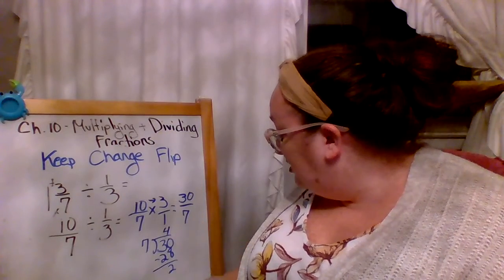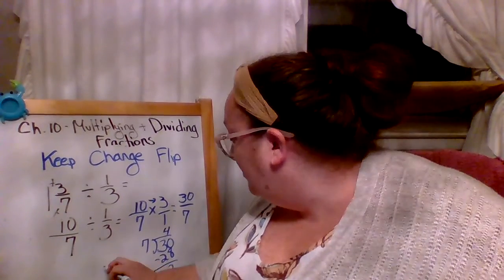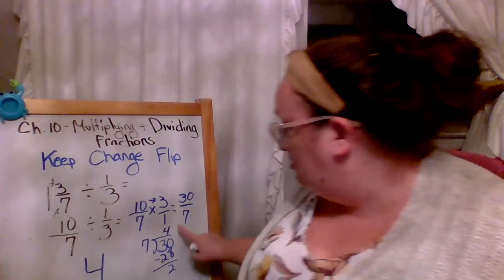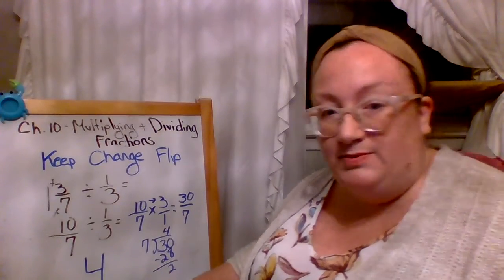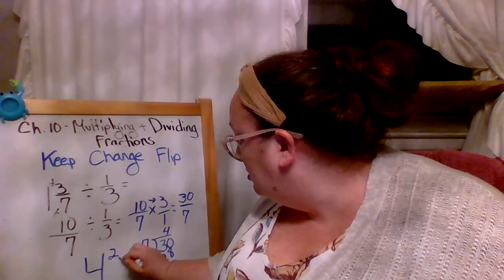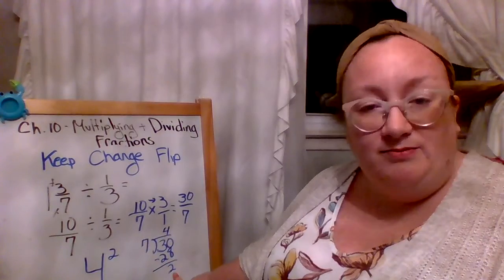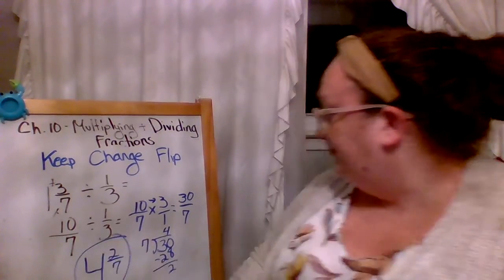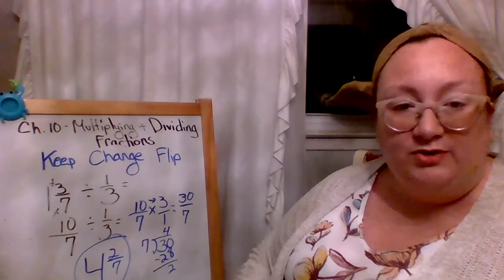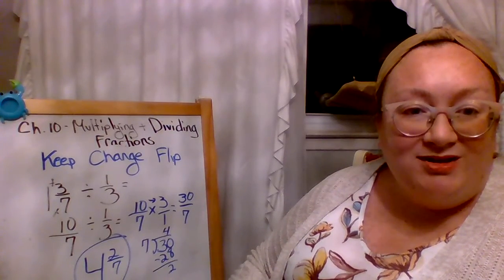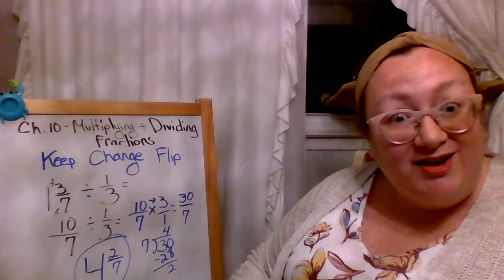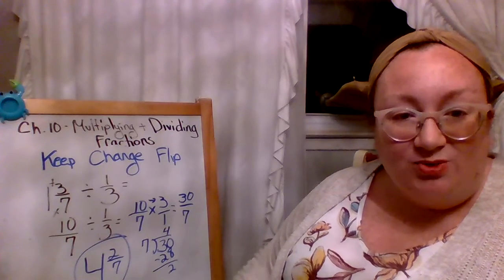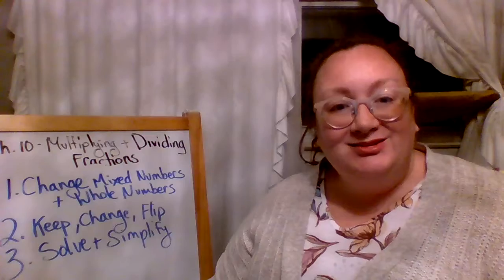My remainder is 2. So my answer is going to be 4. That's my whole number. 2 is my numerator. And 7 is my denominator. Start it on over. So 1 3/7 divided by 1/3 is 4 2/7.